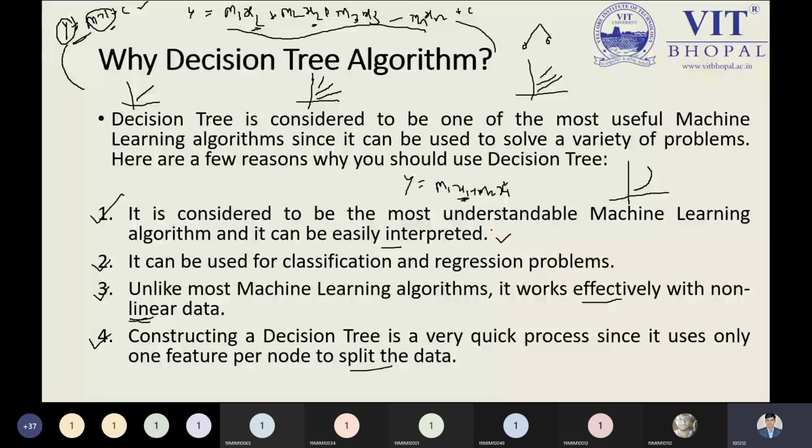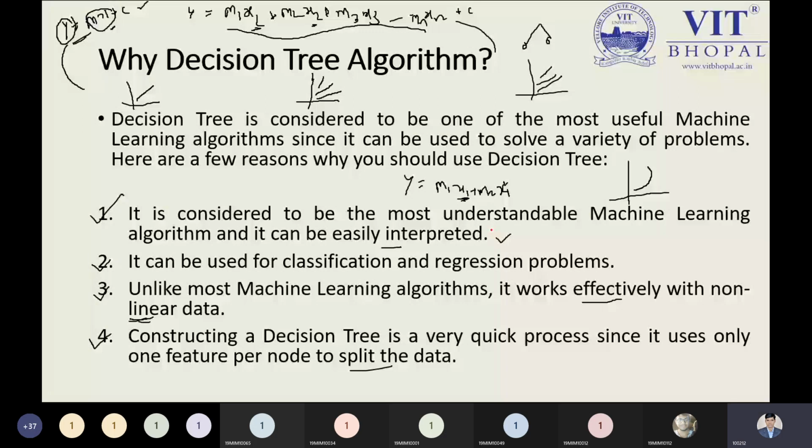And how can we say it is easily understandable? It is easily understandable by the graphical way. We know what the flow would be, so we can easily understand the expected flow. And as I told you, it can be used for classification and regression, so no need to bother about that.